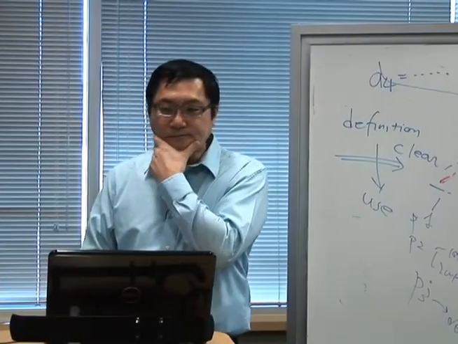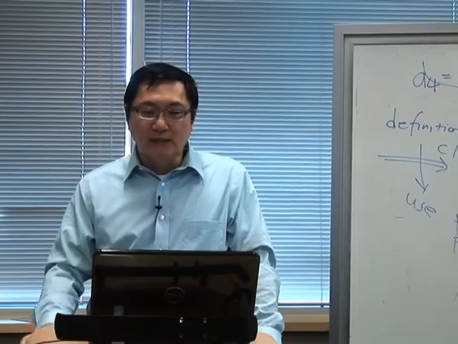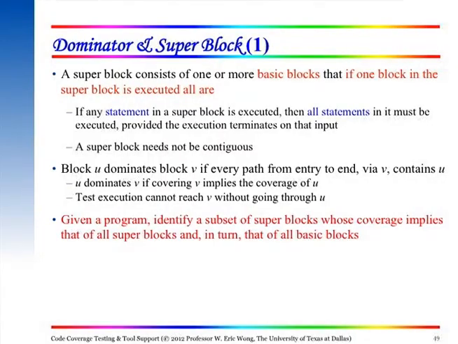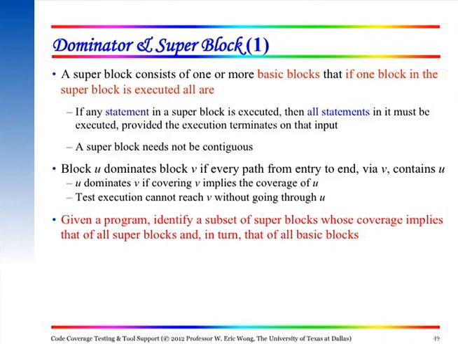So a basic block. What is a basic block? We just discussed. They're adjacent to each other. Execution just falls through. But the one which we just discussed, A, B, and C, they don't have to be adjacent. Right? B can go to E and then go to C. B goes to alpha, goes to beta, then goes to C. So A, B, and C now become a super block instead of a basic block.